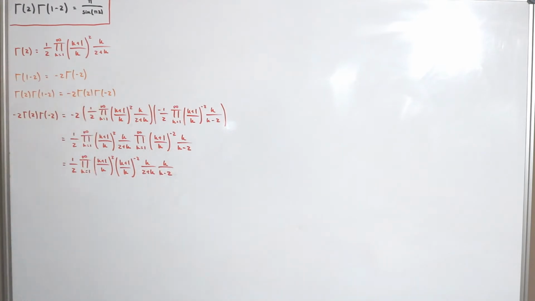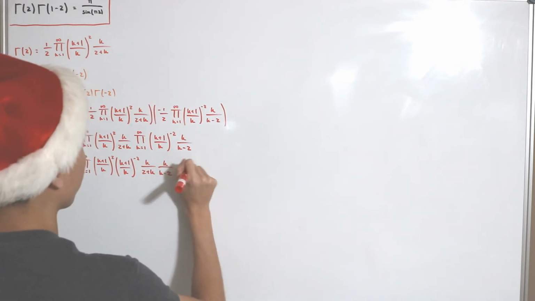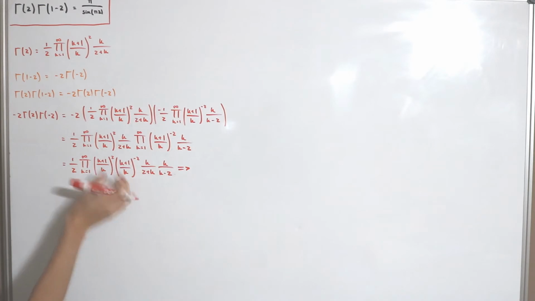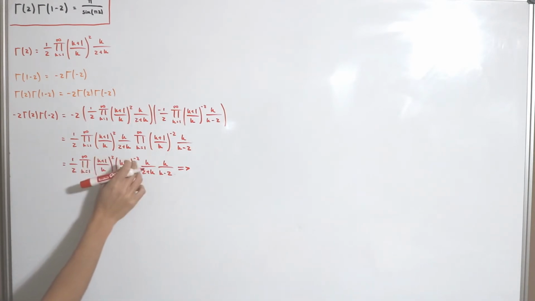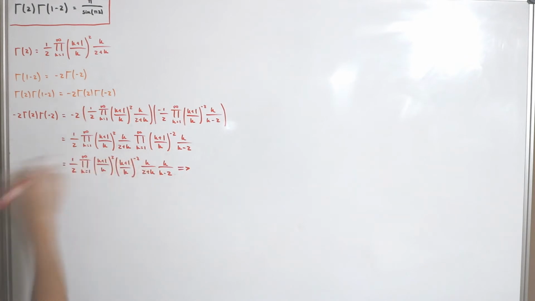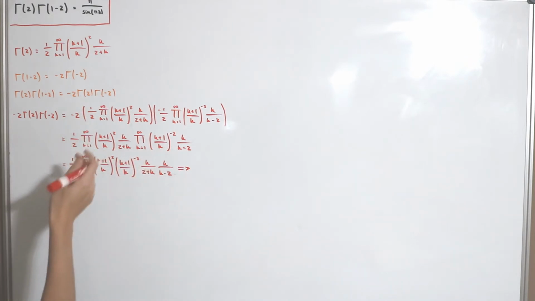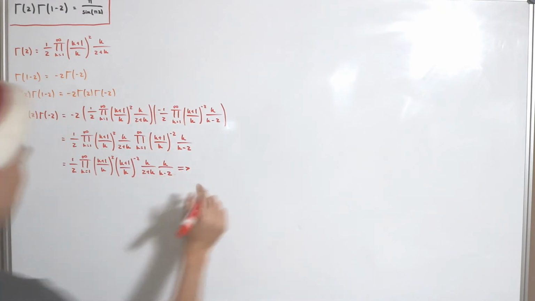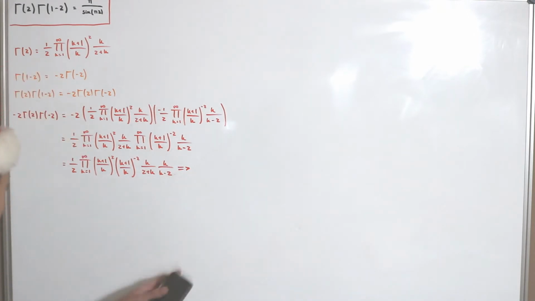Now if I simplify this, they share the same base, so using exponent rules, z minus z is going to be 0. So this whole thing just equates to 1, and we're just left with 1 over z multiplied by this product.